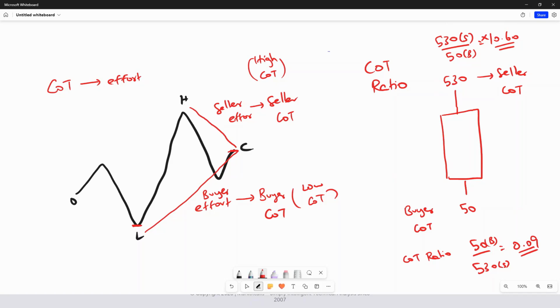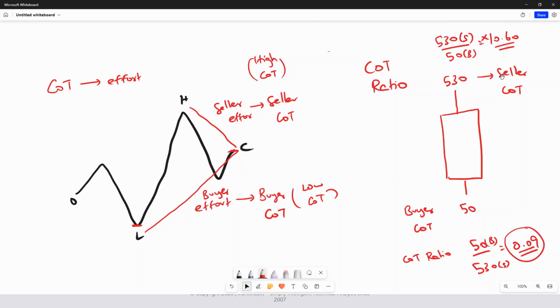If the number is less than 1, the buyer effort is very low compared to the seller effort. So basically, we look at how much effort buyers are making, 10 times or 5 times or 2 times, to understand the importance of that particular candle.